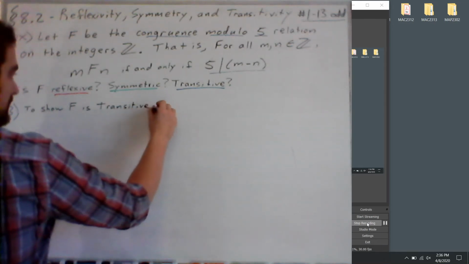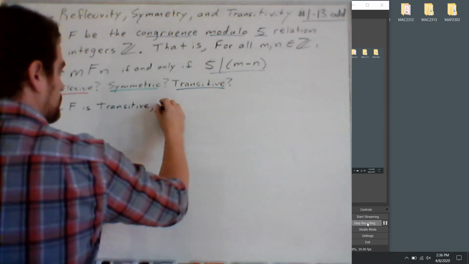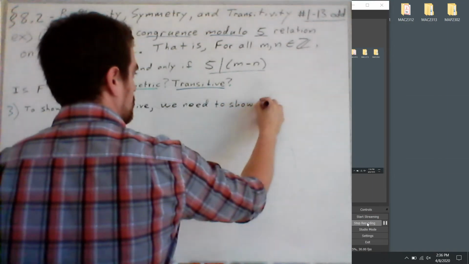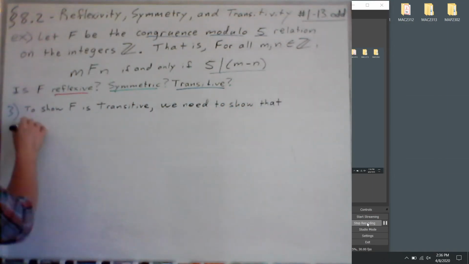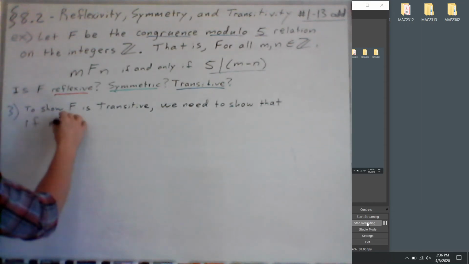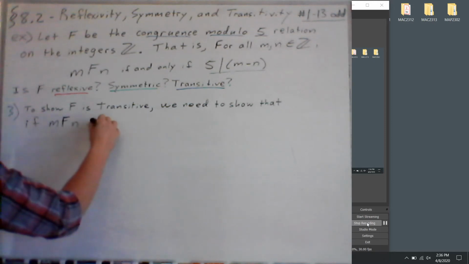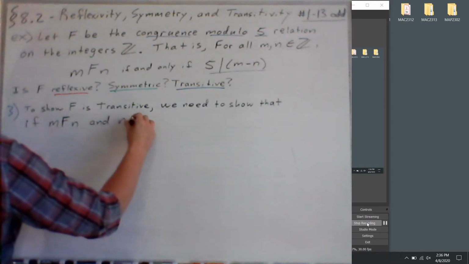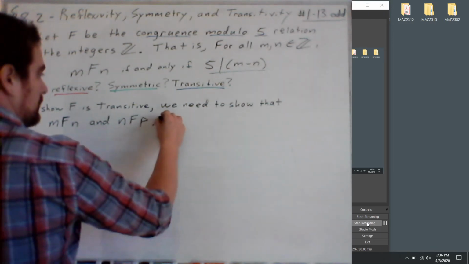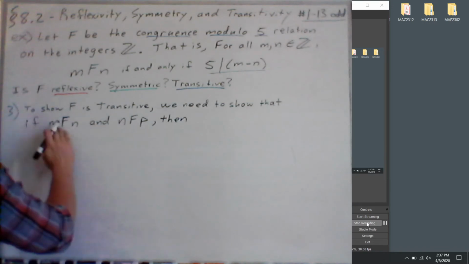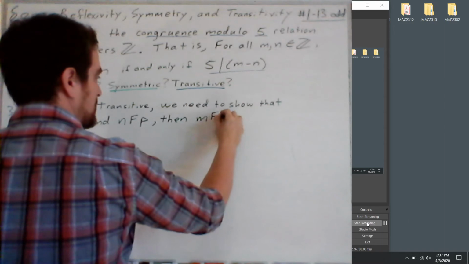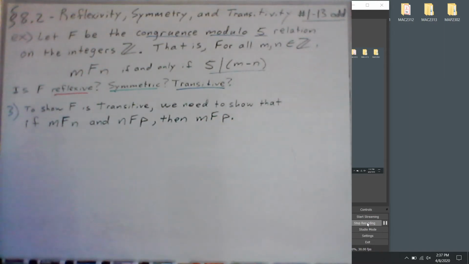But to show it is transitive, we need to show that if m is related to n, and n is related to, let's use p, let's pick another letter, then given these two things, does this happen? Then is m related to p directly? Can I skip the n?